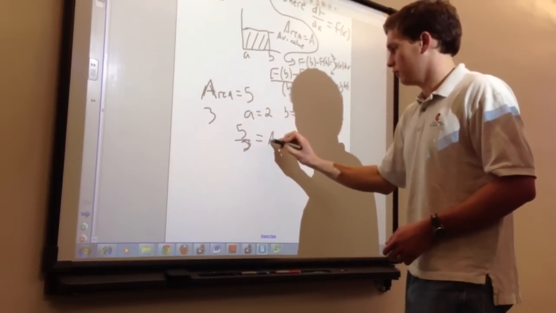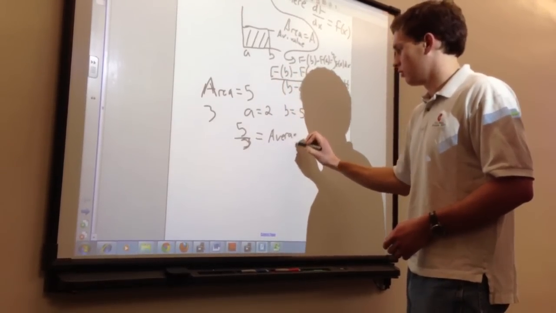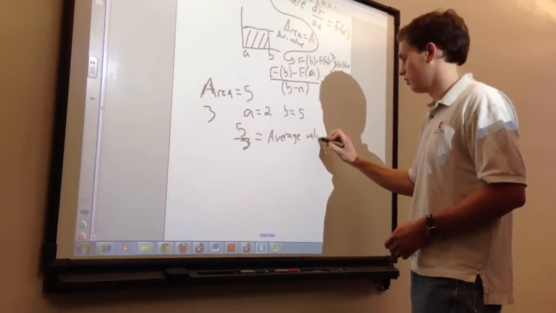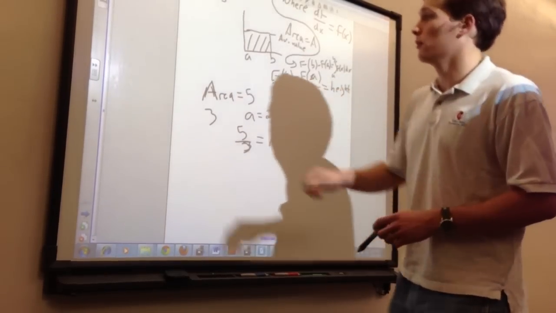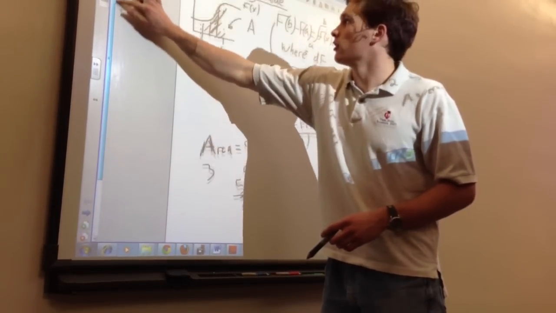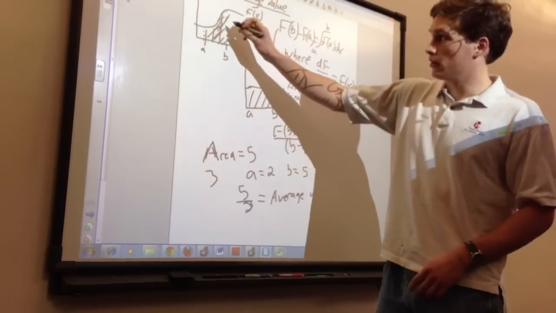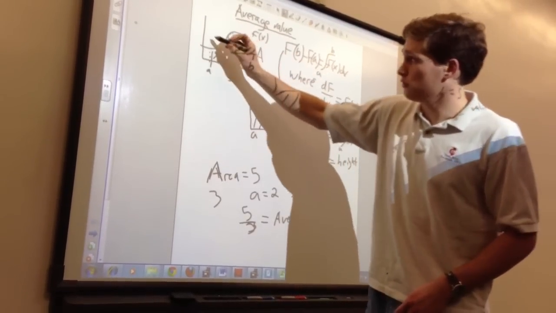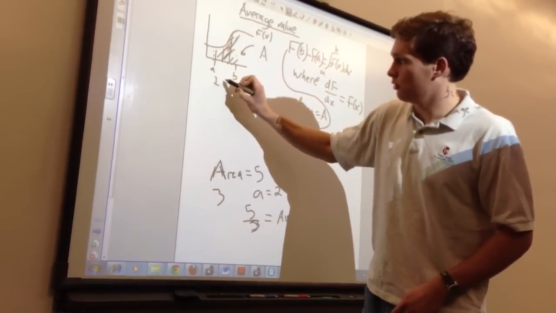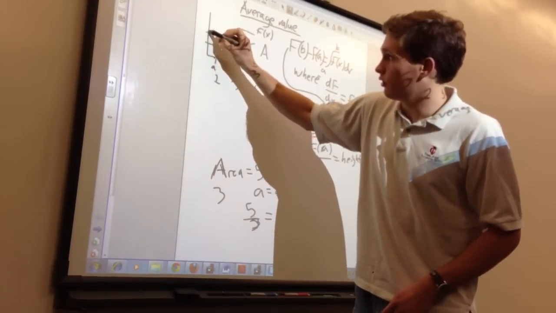equals the average value of the function. And if we remember from the graph up here, this is the original graph of f of x, and this was the area under that curve. For the average value, we'll call this 2, and that 3, and we'll call this space 5.